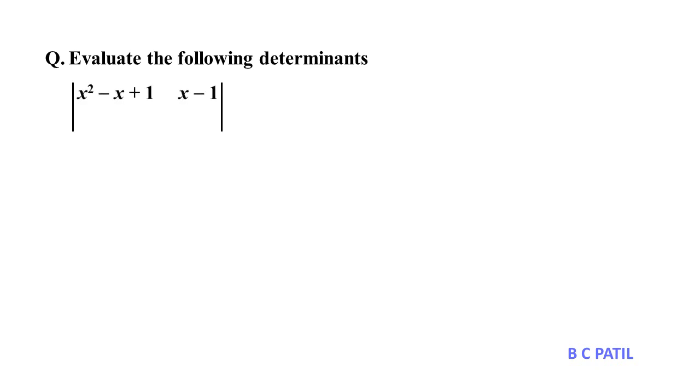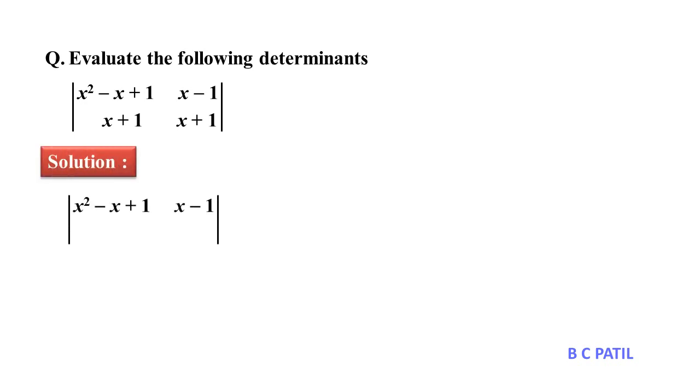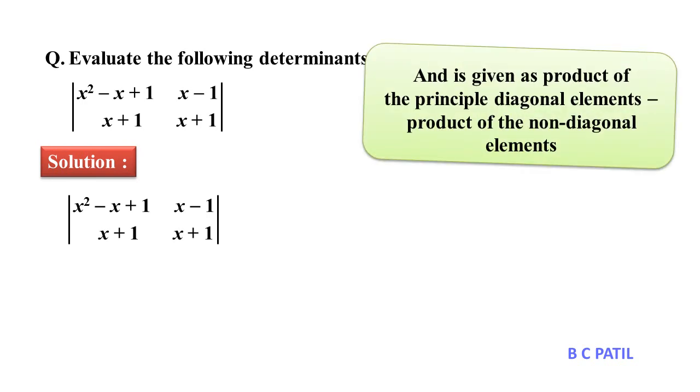whose entries are x square minus x plus 1, x minus 1, x plus 1, x plus 1. Again product of diagonal elements minus product of non-diagonal elements. x square minus x plus 1 into x plus 1 minus product of non-diagonal elements. x minus 1 and x plus 1 are the non-diagonal elements, that is x plus 1 into x minus 1.